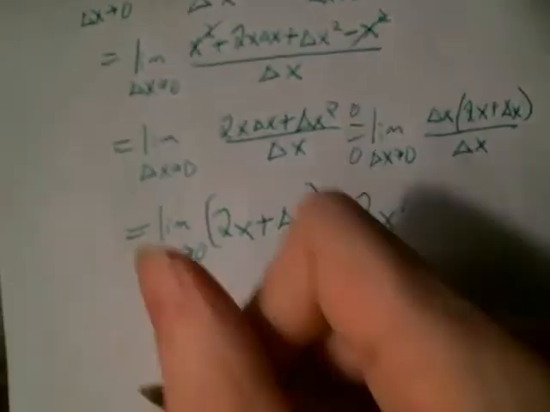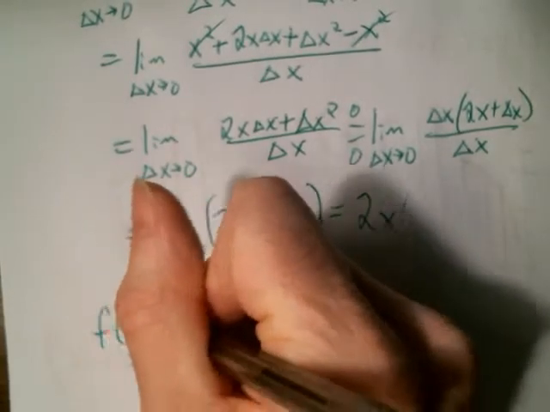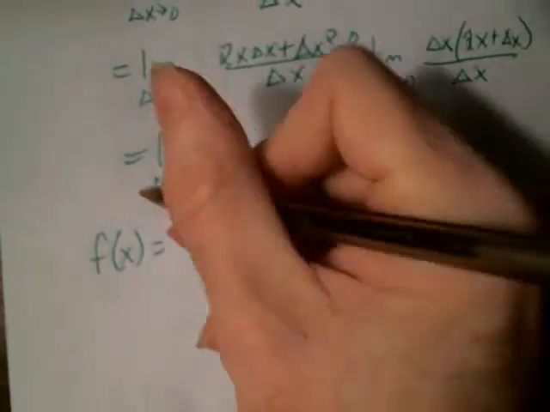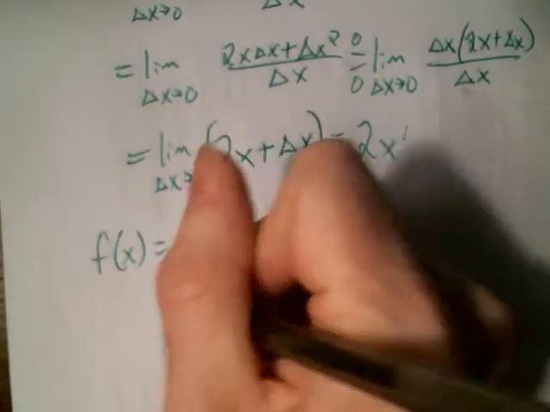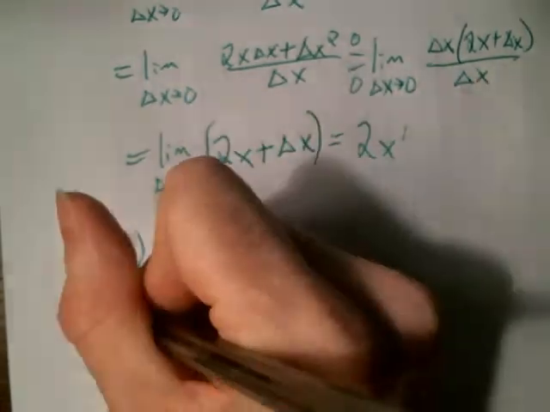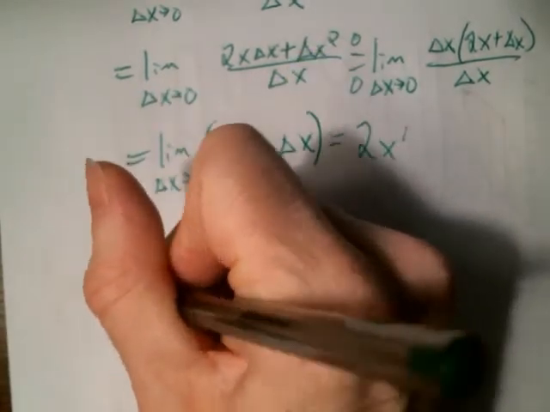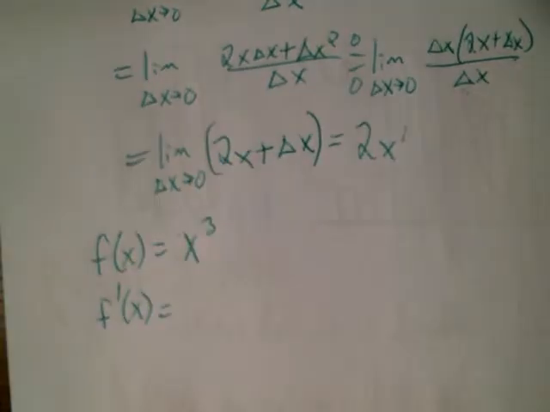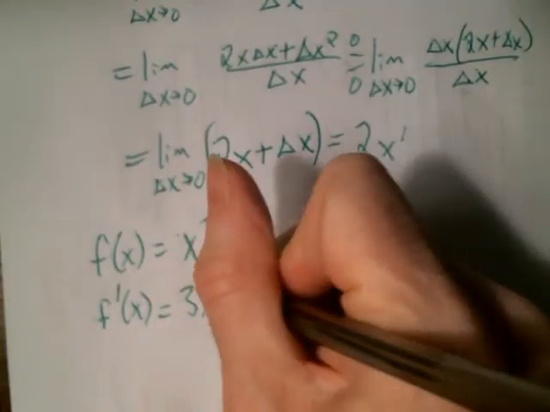If you did some more experimentation, which somebody had to do somewhere, for example, looking at x cubed and then getting its derivative via the limit definition, the derivative there would be 3x squared.